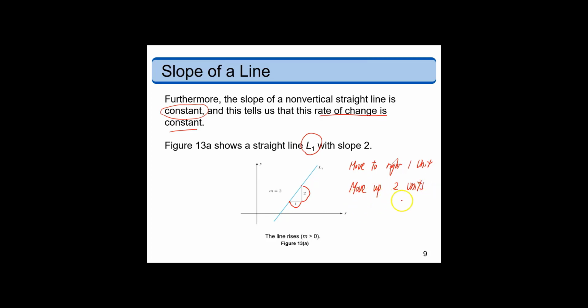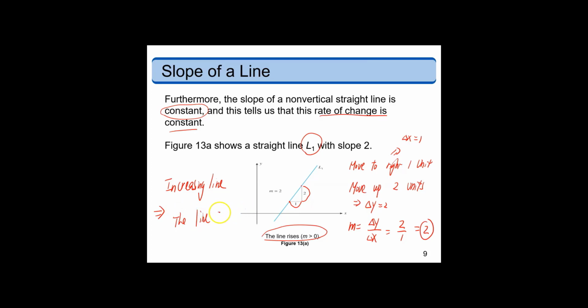So delta y equals 2, and delta x equals 1, moving to the right. So slope equals delta y over delta x, that's 2 over 1, that's 2. So here the slope is 2, positive, and a positive slope indicates the line is increasing. Meaning going from left to right, it's going upward, right? The line rises.